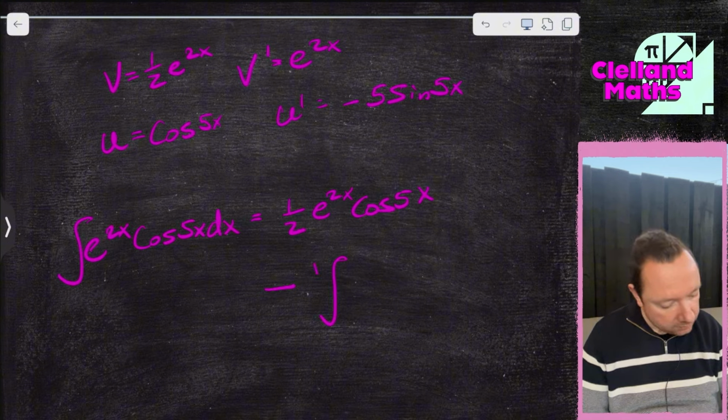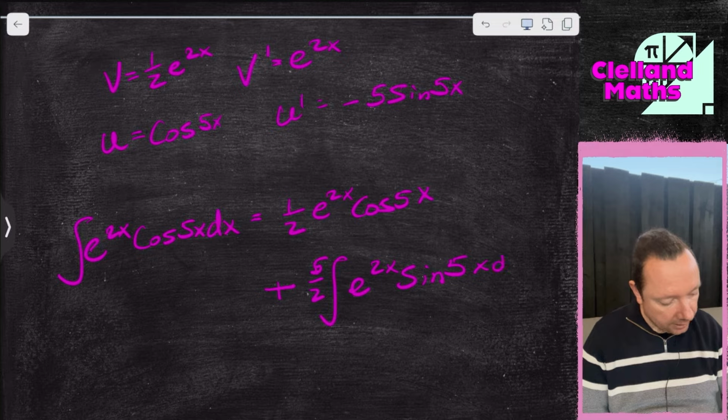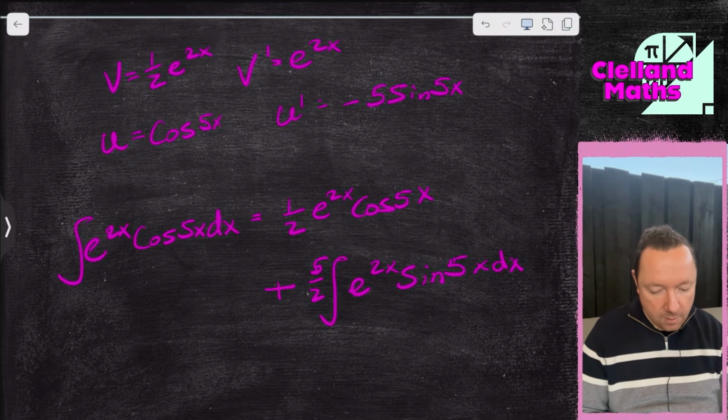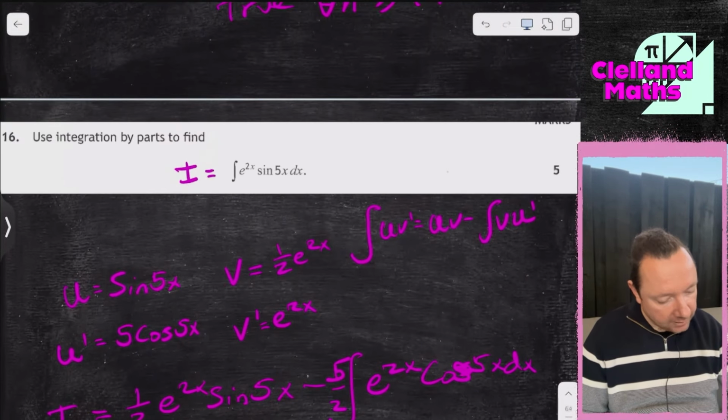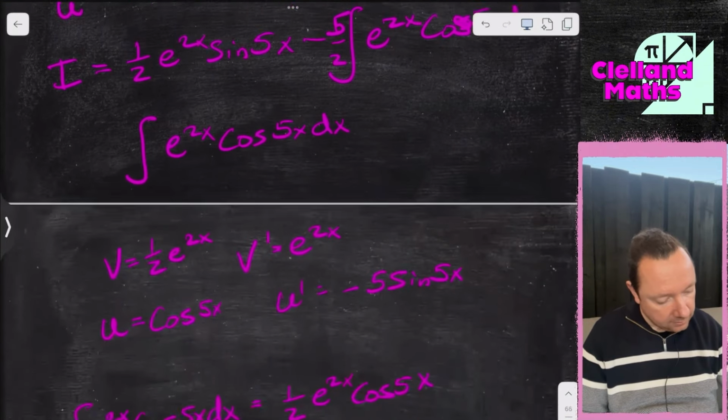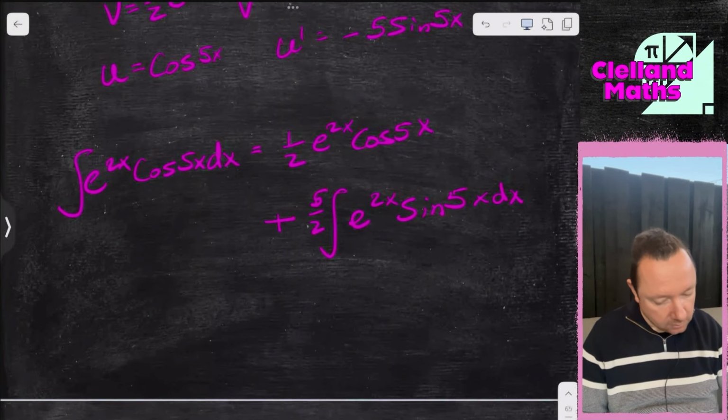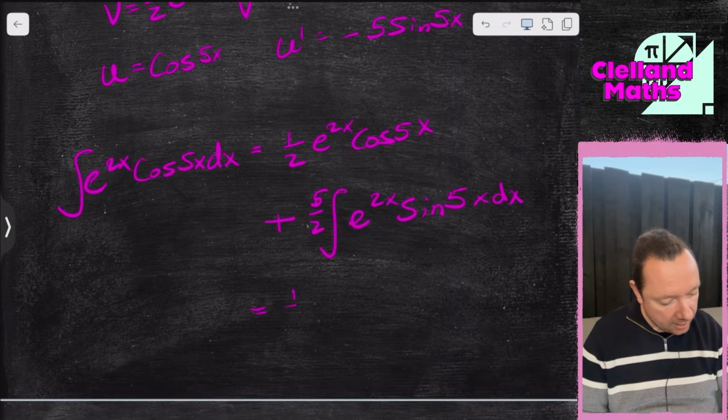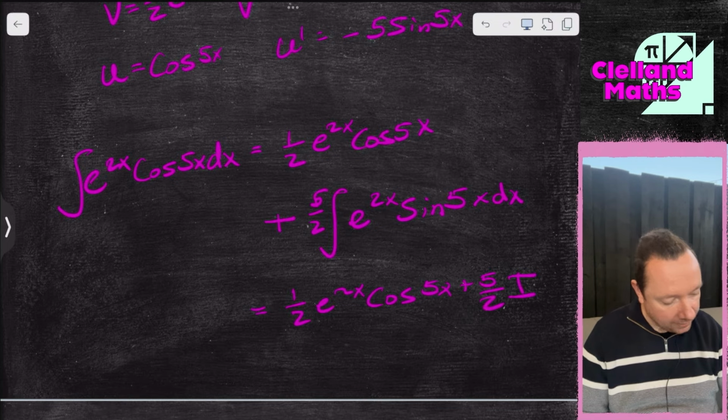So I've got a half. U dash is a 5, and a minus makes a plus. So v u dash inside is e to the 2x sine 5x dx. But e to the 2x sine 5x is what I called I. So that equals just a half e to the 2x cos 5x plus 5/2 of I.